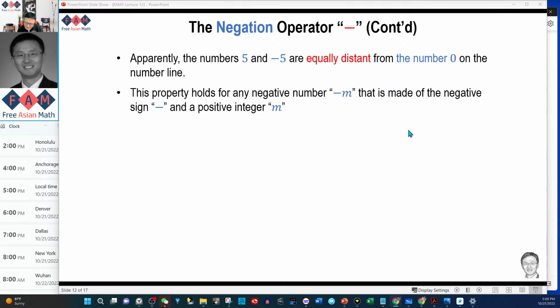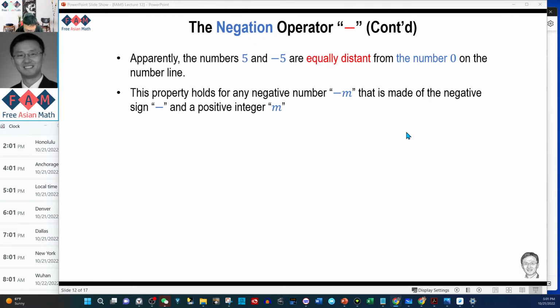So when we write down a negative number in the format of negative m, where m is just a natural number, not 0, then what we mean by this symbol, a negative sign, and this positive integer m, is just what we would get by decrementing from 0 m times.